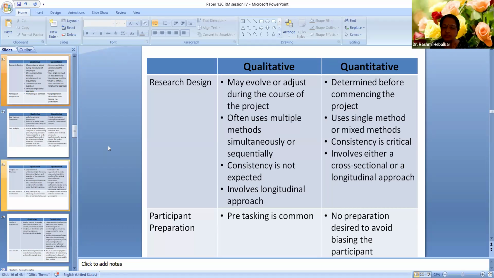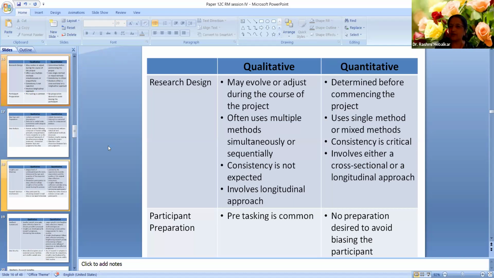Depending upon the respondents, these five questions may turn into 15 questions, 8 questions, 3 questions. So consistency is not expected. For some interviews, you will need one hour. For some, it will be half an hour. For some samples, a series of interviews will be required. So there are smaller or bigger changes when you adopt a qualitative research design.